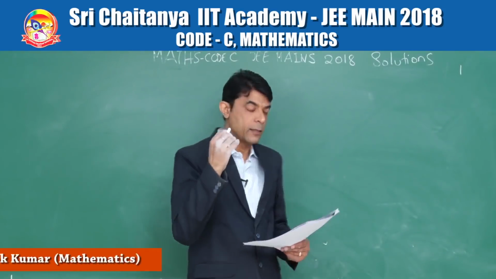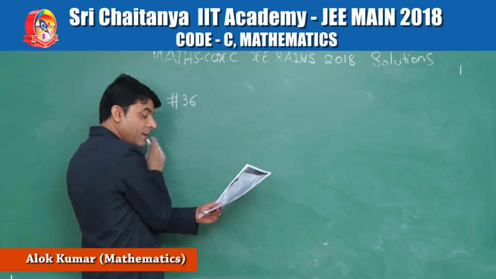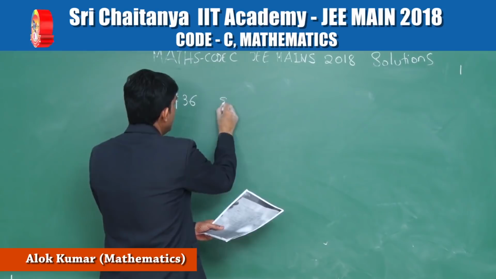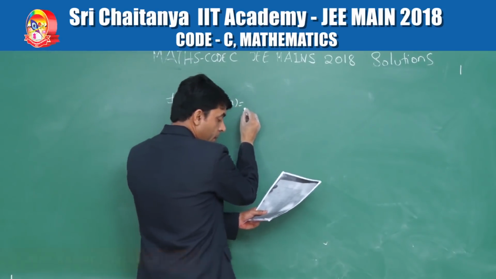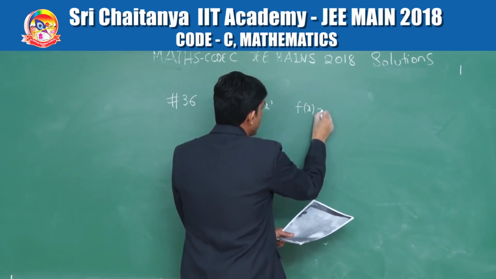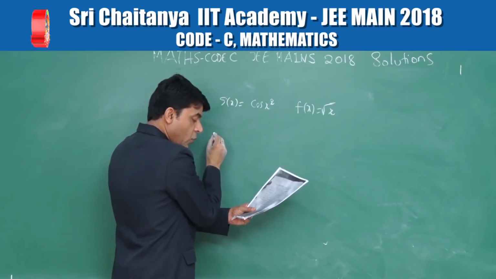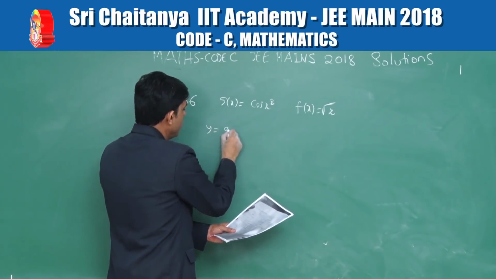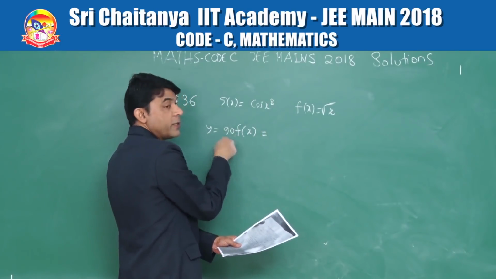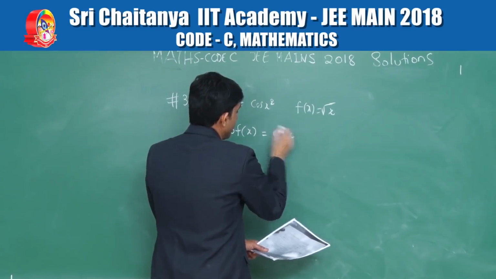Let's do number 36. That's a question that connects composition of function to some extent in the area. So that says that g of x is cos of x square, f of x is root of x. So we know that y equal to g composed with f of x, that equals cos of x.